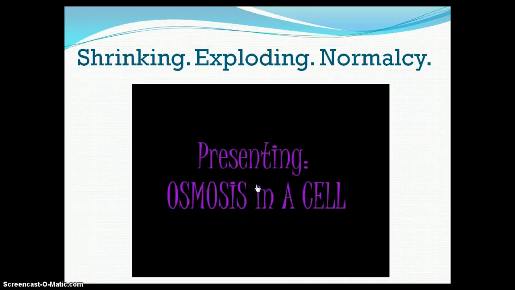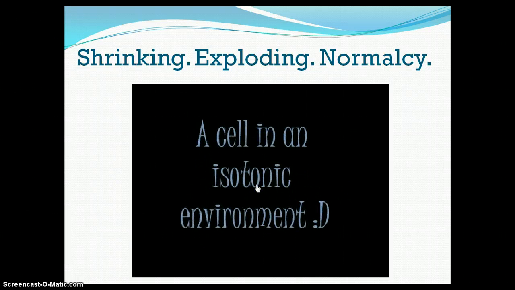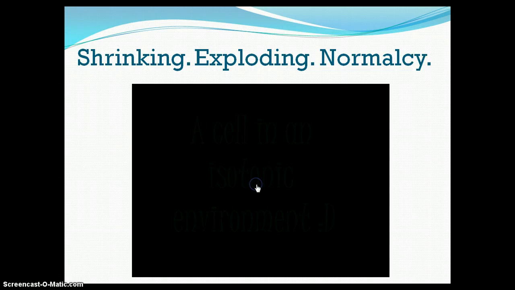So, presenting osmosis in a cell. And a cell in an isotonic environment. Now, at this point, our cell, our sheep's blood, which is what we're looking at, was in a 0.9% sodium concentration.